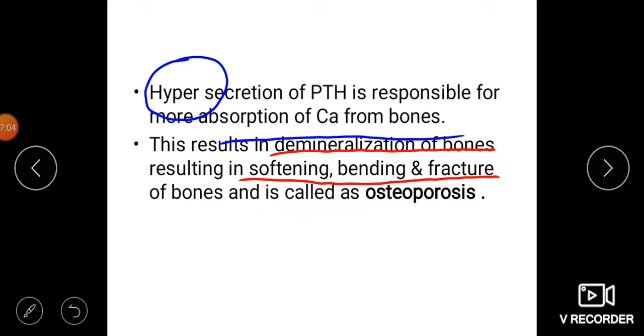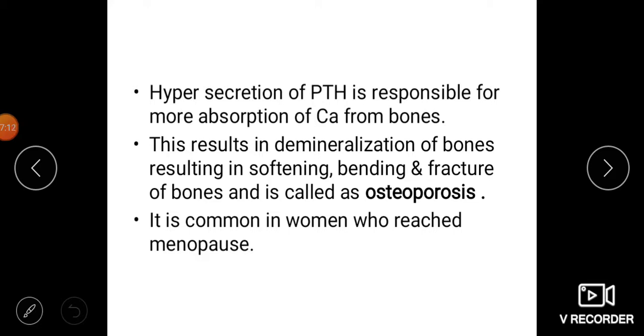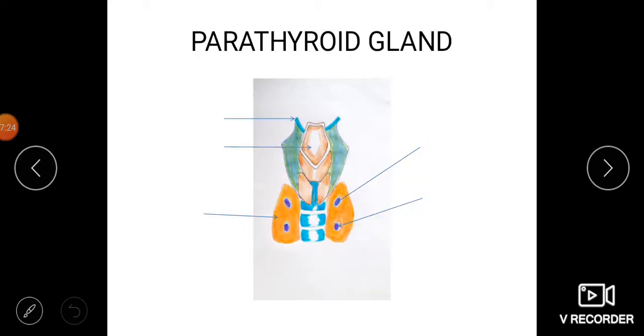Softening of bones, bending of bones and fracturing of bones. It is common in women who have reached menopause. Menopause means the female has lost her ability to reproduce. In menopausal females, osteoporosis is generally observed.